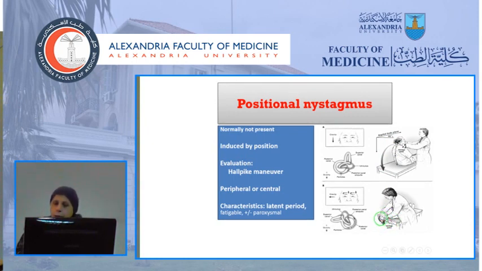Now you wait a few seconds, and if you see a burst of rotational or torsional nystagmus that fades in a few seconds, this is what we call positional nystagmus, and in this particular type we talk about benign paroxysmal positional vertigo.